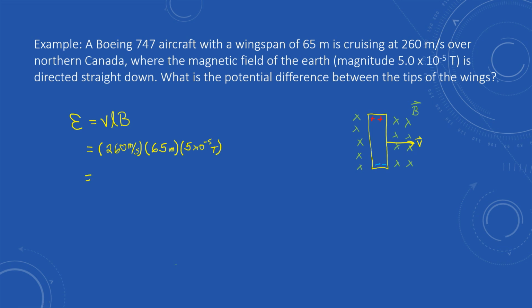So if we plug this into our calculators, we will come up with an answer of roughly 0.85, if I can read my own handwriting. Or not Tesla, volts. 0.85 volts as our answer. It's volts because this, again, is a potential difference.